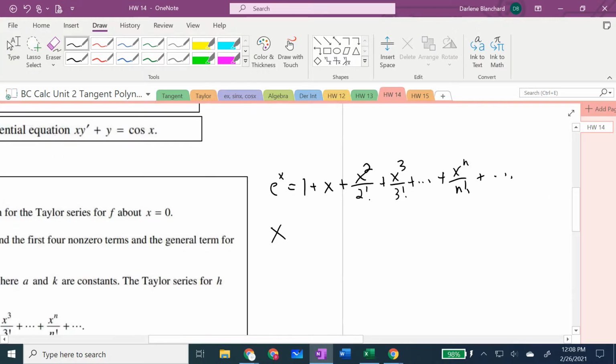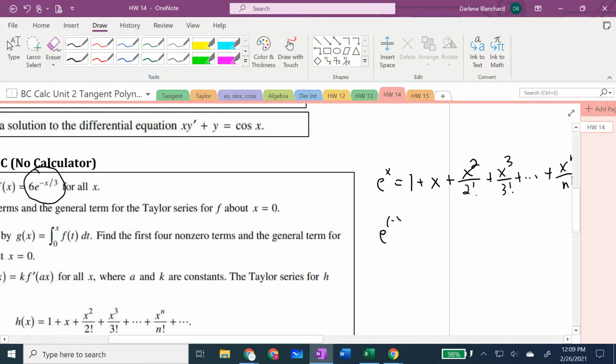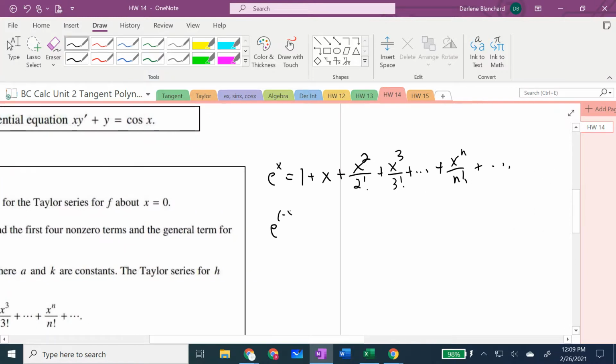So first, e to the negative x cubed. Hold on. X divided by 3. Never mind. So substituting that in, I get 1, and then substituting x over 3.